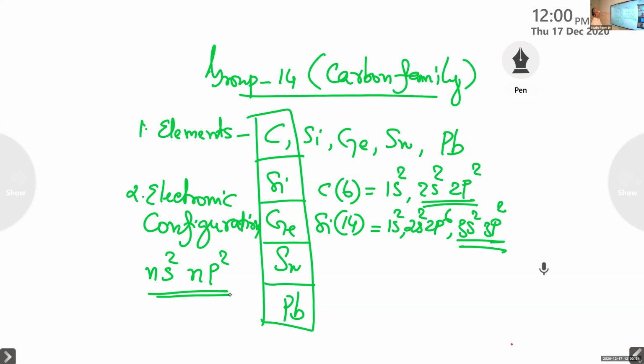Group 13, 3 electrons, S2P1. Group 14, 4 electrons, S2P2. Group 15, 5 electrons, S2P3. Okay, so like that.